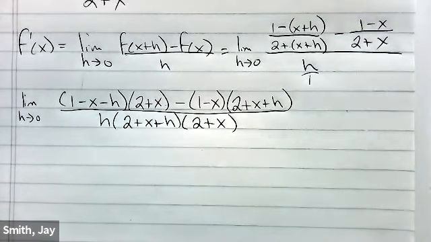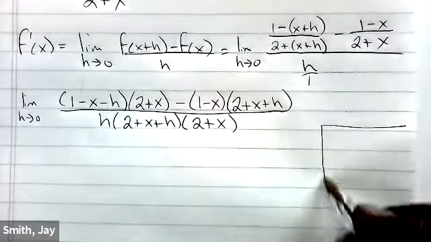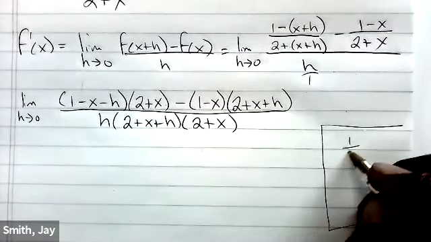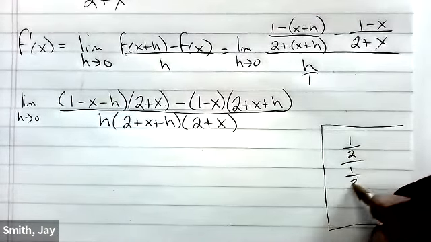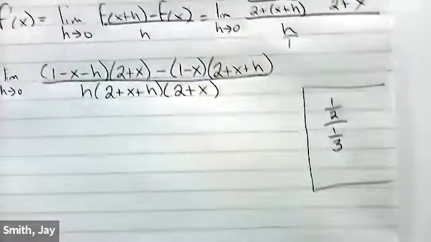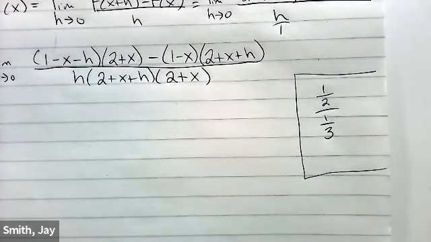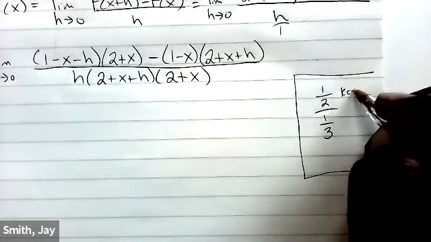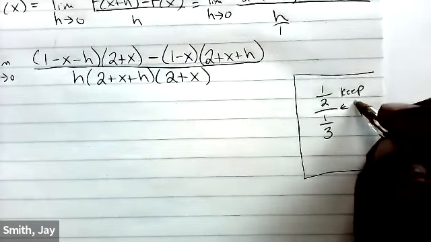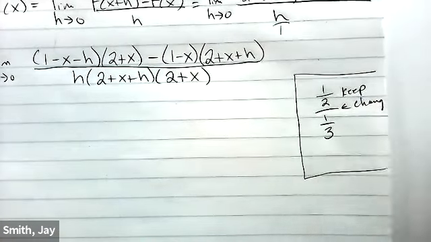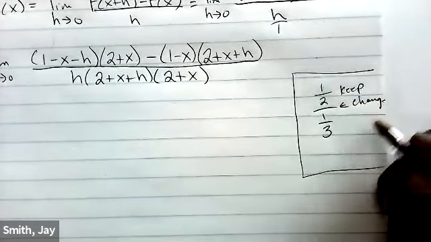Now, we have another algebra technique that they take for granted. Remember, technically, we can't divide a fraction by a fraction, but one technique to divide a fraction by a fraction, for example, 1/2 divided by 1/3, is to use keep, change, flip. So we're going to keep the top fraction the same, change division to multiplication, and then we're going to flip the bottom fraction.